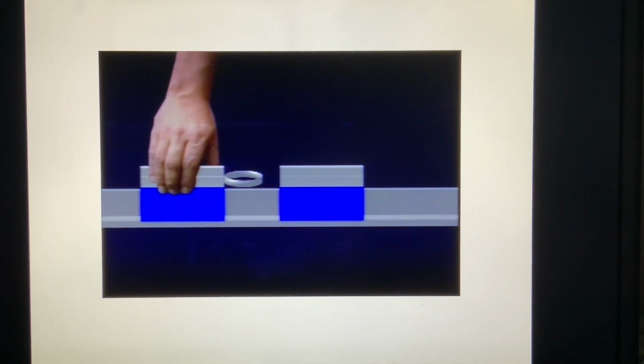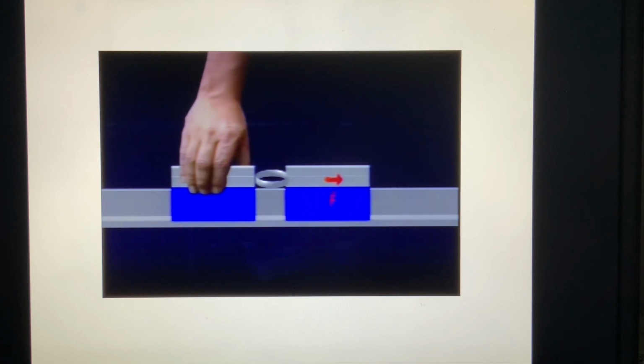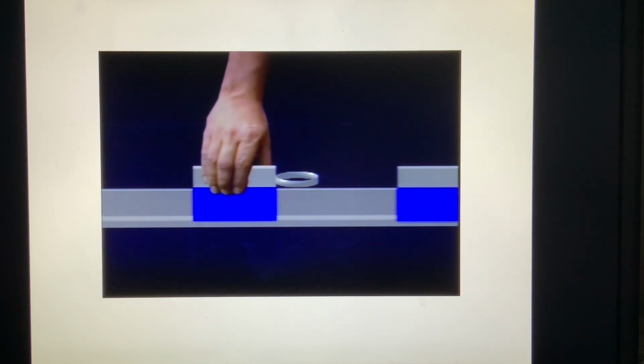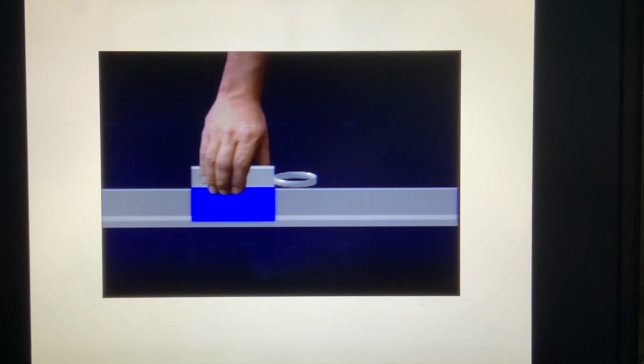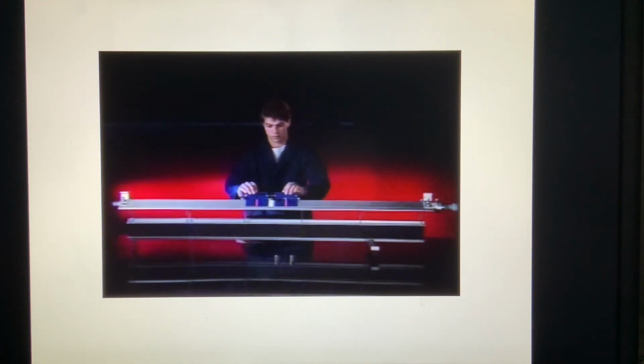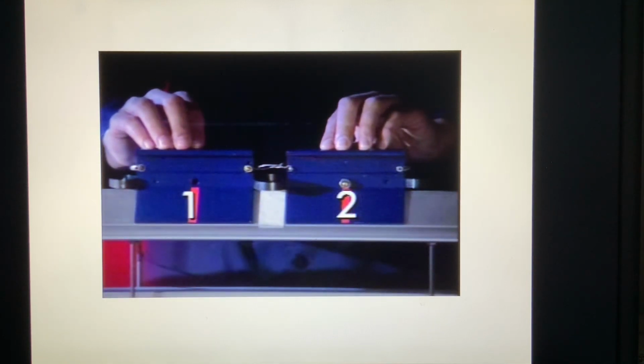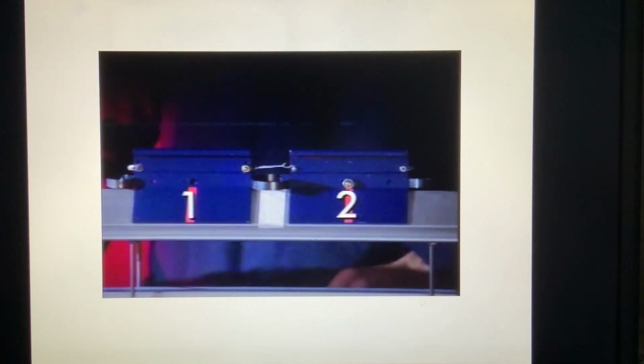If one object pushes on a second object, the second object accelerates. But what about the object doing the pushing? Does it also accelerate? We will use these gliders floating on an air track to find out. This spring bumper will provide the force from the first cart on the second.